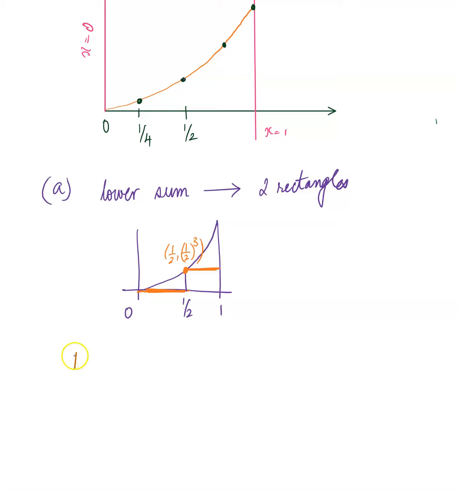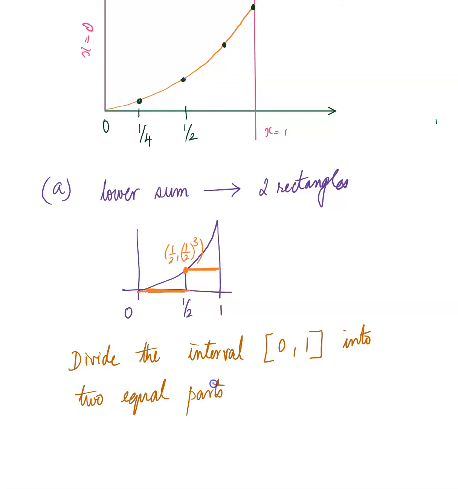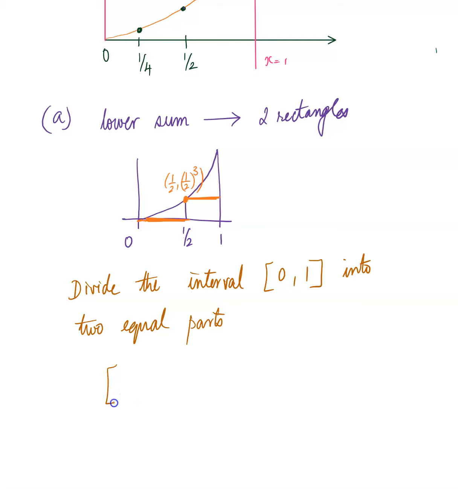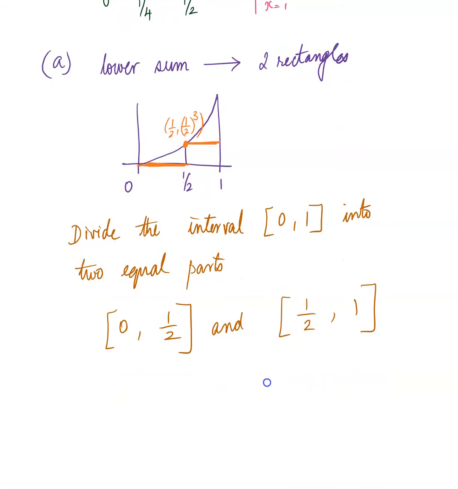Because they wanted equal width, I'll say divide the interval. The interval that this spans is 0 to 1, so divide this into 2 equal parts. So then we get 0 to half, it's a bracket, and then half to 1. You could use decimals too, no problem, but I just like to keep it this way.